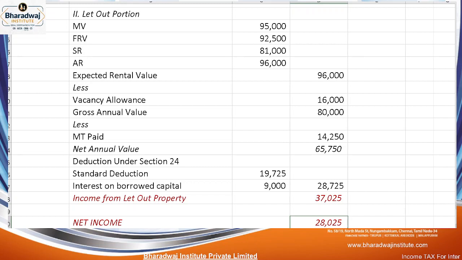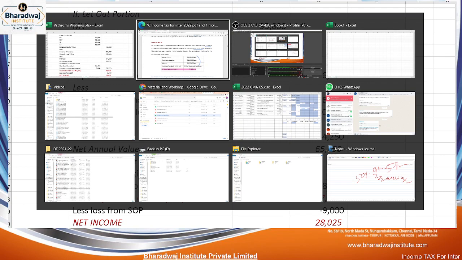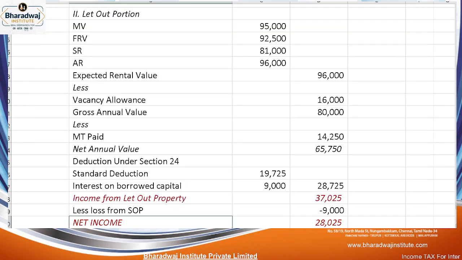This is nothing but after adjusting loss from self-occupied property, you get net income from house property, 28,025. It's a very good problem.